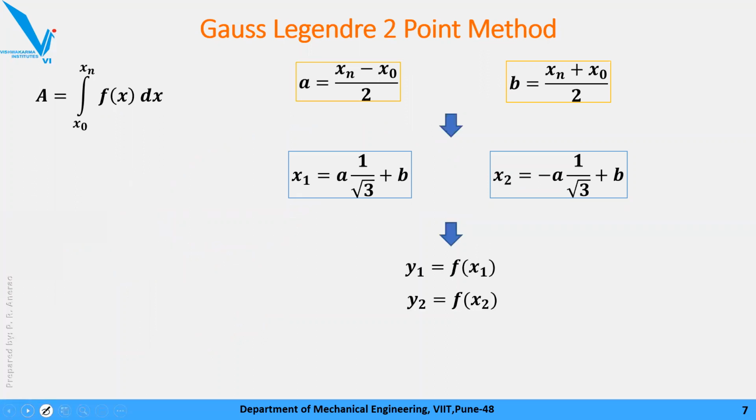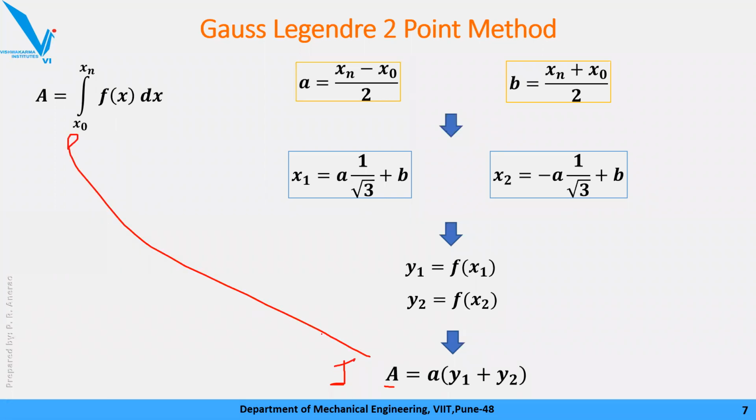And last, call the formula for area. Area is nothing but your integration, the answer for this question, which is equal to a into (y1 plus y2). That's it. If you compare with the earlier formula, it is a little difficult to remember and do the calculation, and there might be confusion or a mistake in sign.